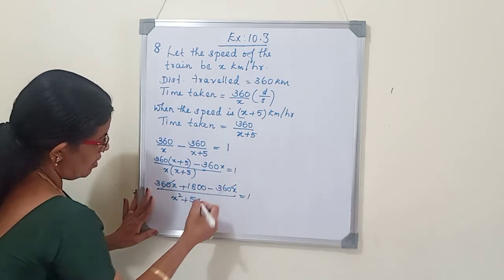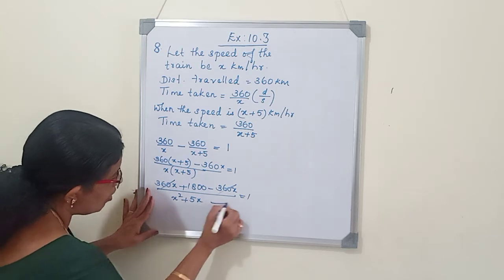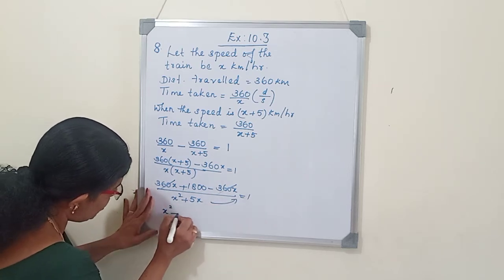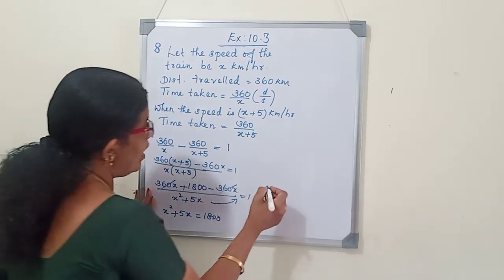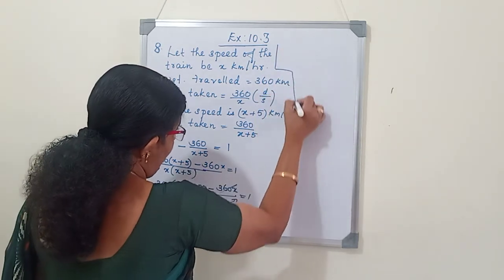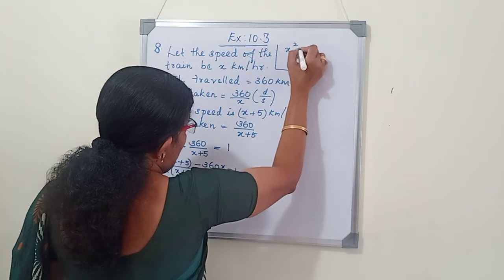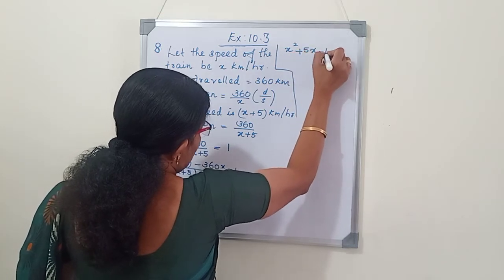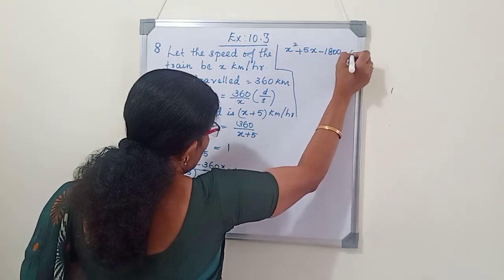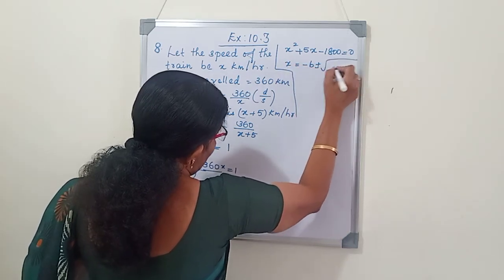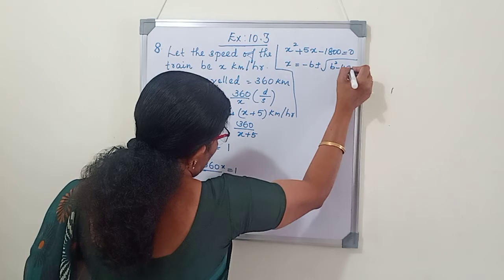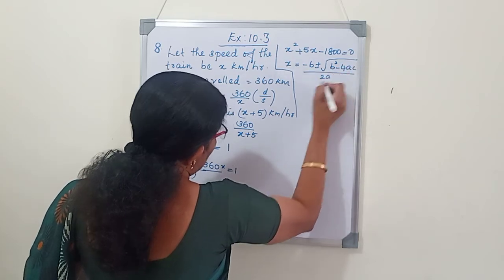Now 360x cancelled. Now we cross multiply. x square plus 5x is equal to 1800. When we write it in the standard form, we get x square plus 5x minus 1800 is equal to 0.